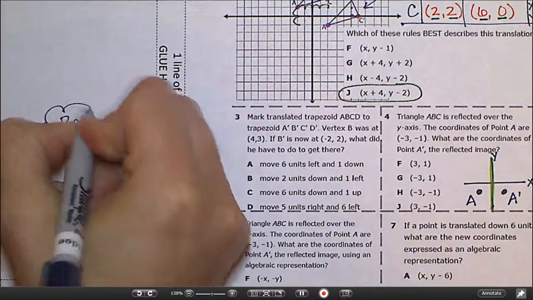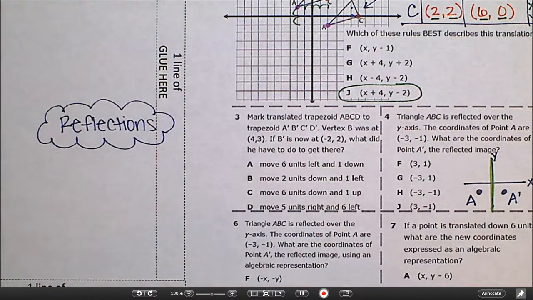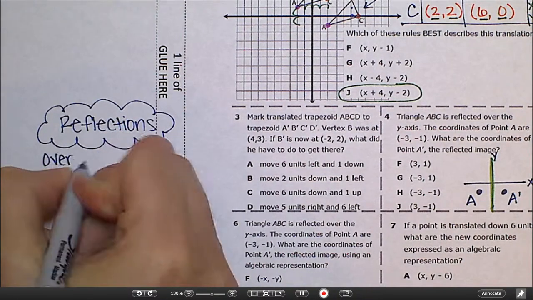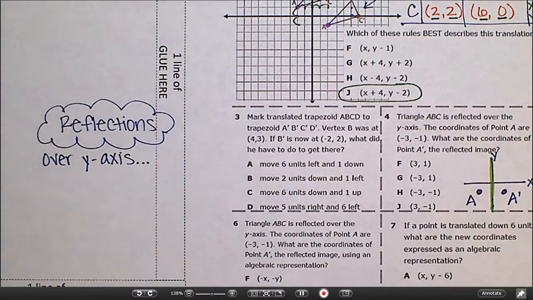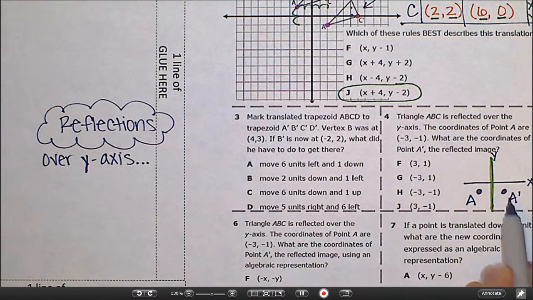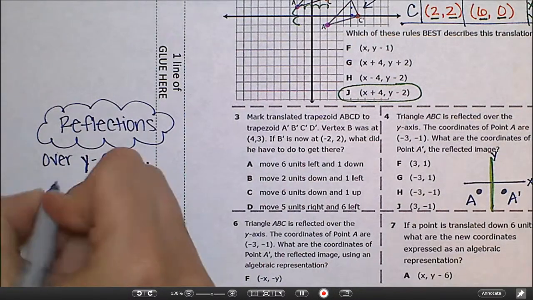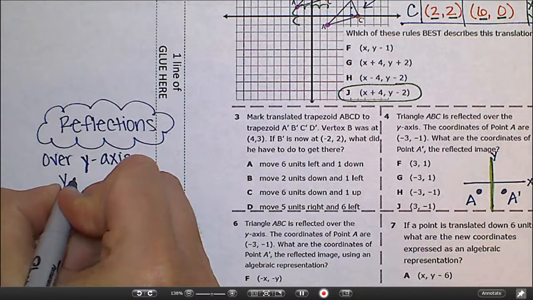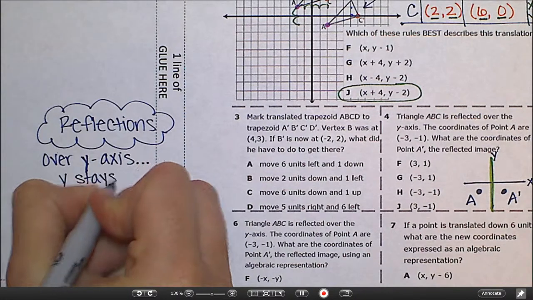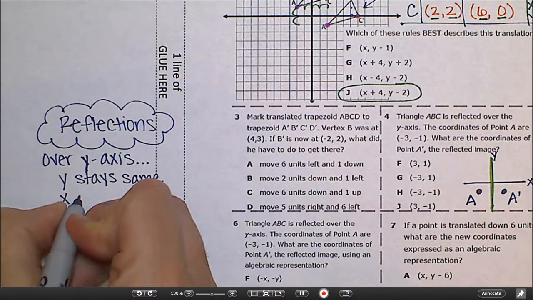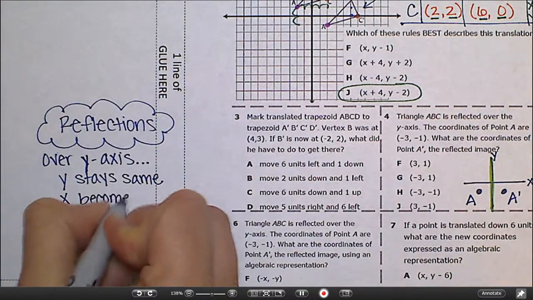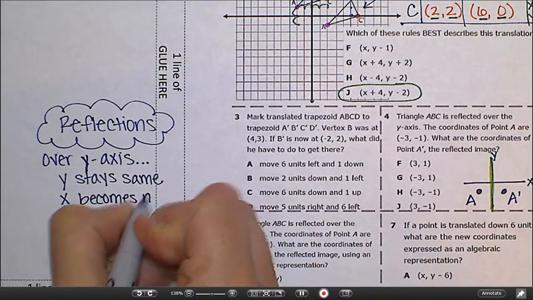Reflections, okay. So if we're reflecting over the y-axis, then that means, that's what we did here, we reflected over the y-axis, then our y stays the same, and x becomes negative, or the opposite, actually.